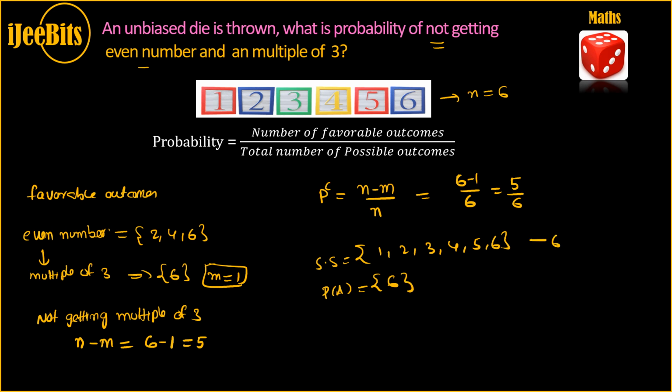Complementary case means not getting 6 is what you are asking. Not getting 6 would be 1, 2, 3, 4 and 5. So the probability for the not getting case is 5 by 6. Direct answer.